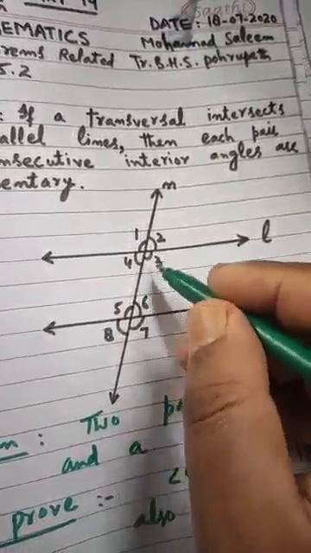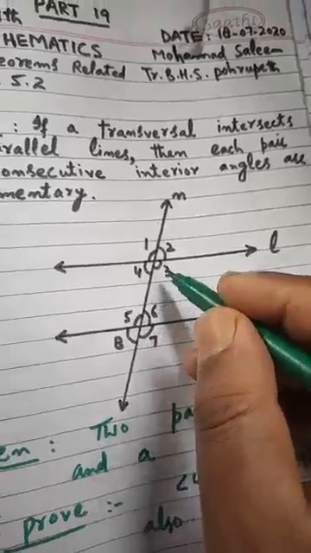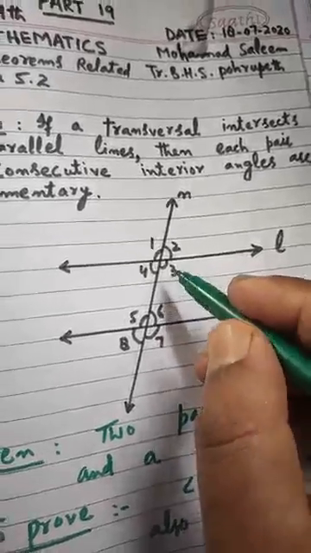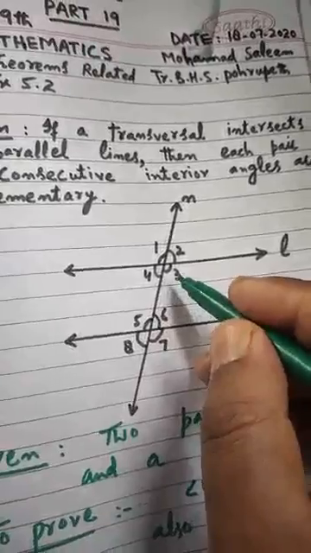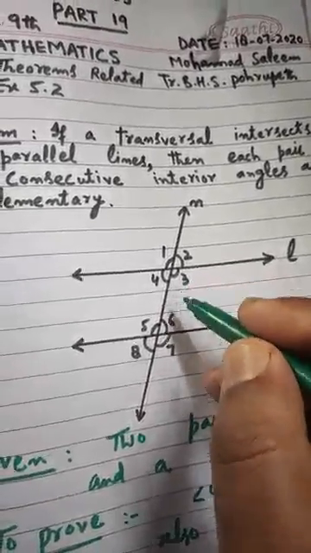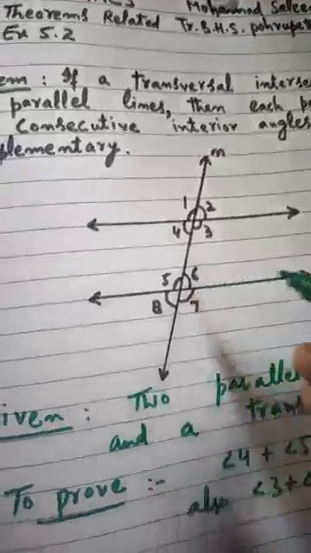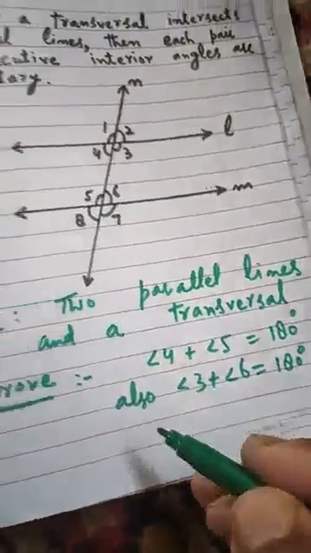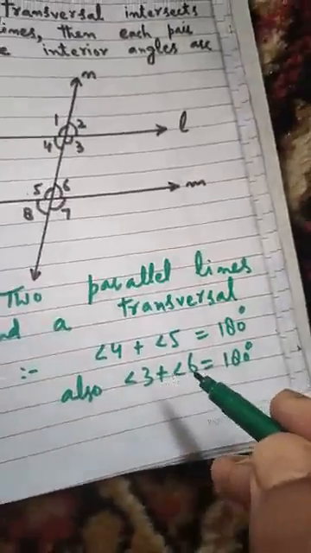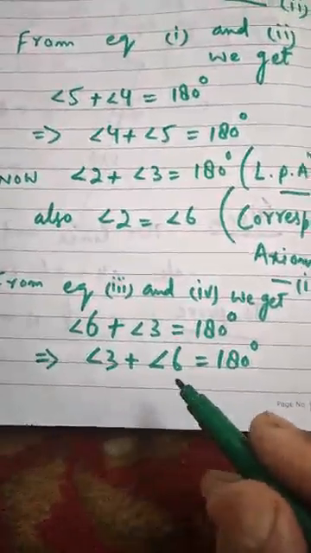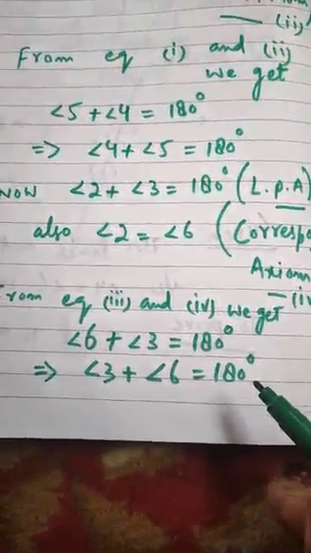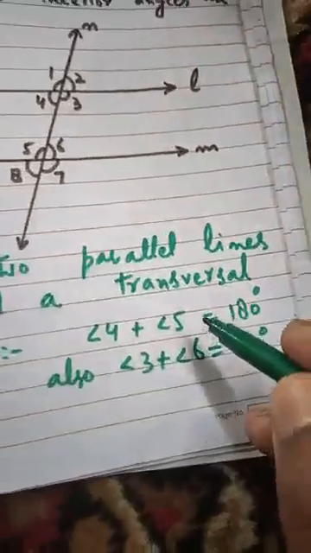That means they are supplementary. Since these are a pair of consecutive interior angles, it has been proved that they are supplementary. We had to prove angle 3 plus angle 6 is equal to 180 degrees, and it is proved. Both have been proved.